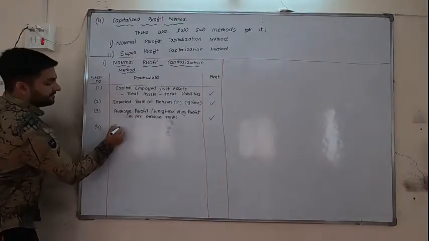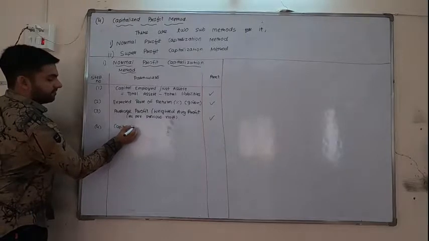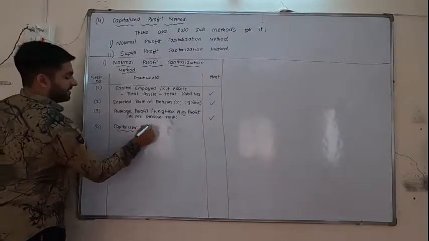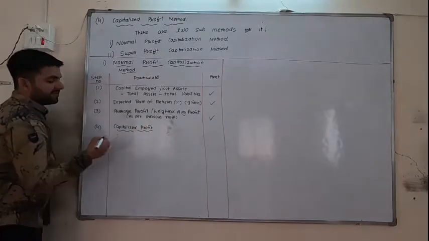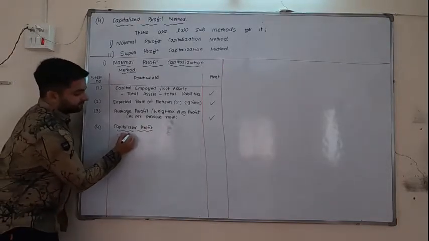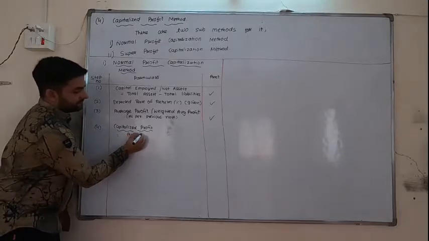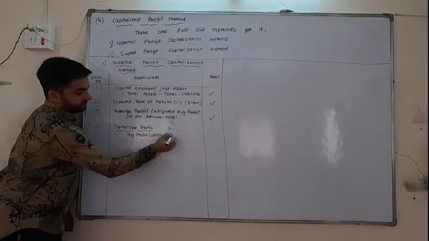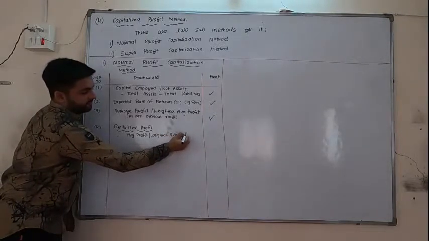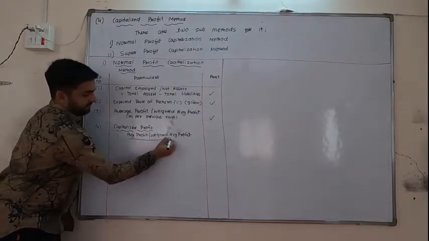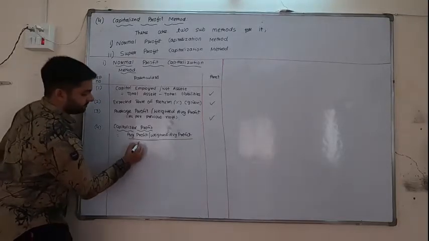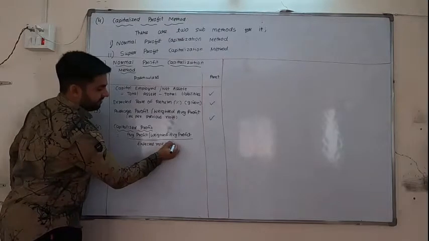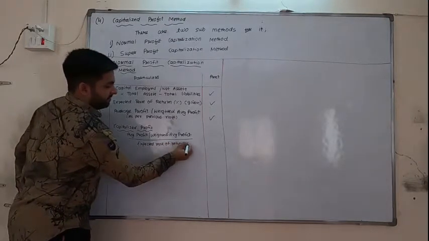Fourth step is capitalized profit. This is a new type of profit. The formula for capitalized profit is average profit or weighted average profit divided by expected rate of return in percentage.